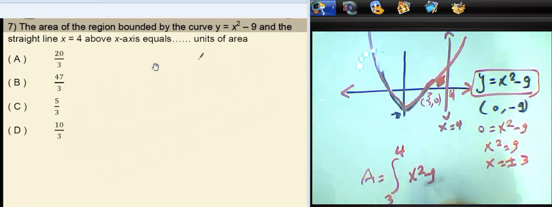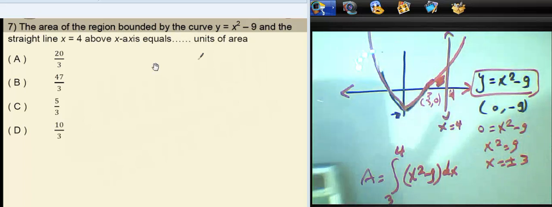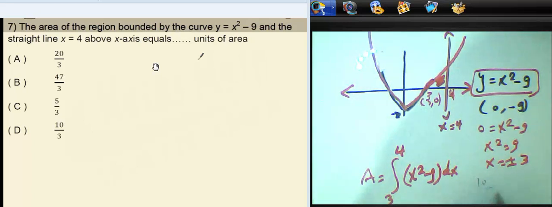Write x power 2 minus 9 dx. Okay, and then you can use the calculator to find the result of this integration. We can find it using the calculator. It will be 10 over 3. 10 over 3. It's the area. Choose letter D.